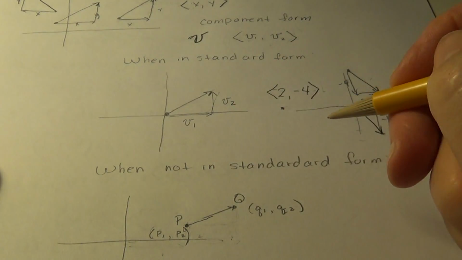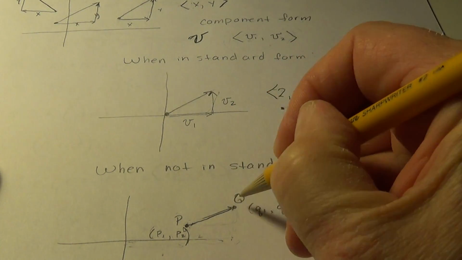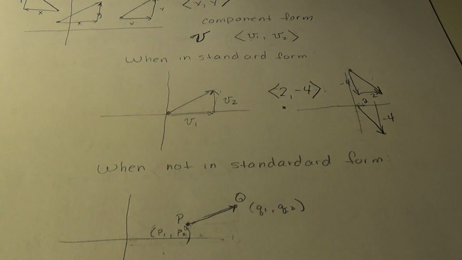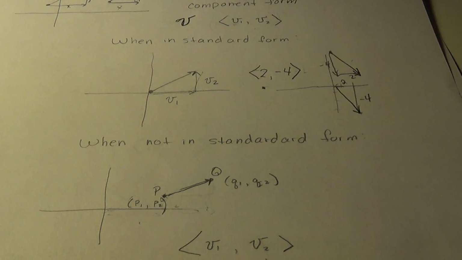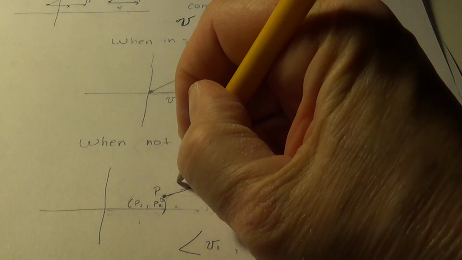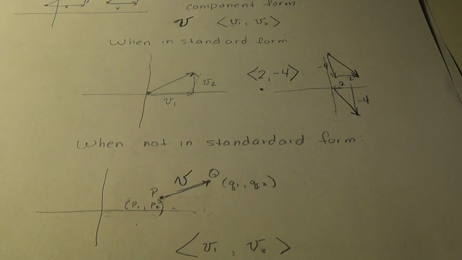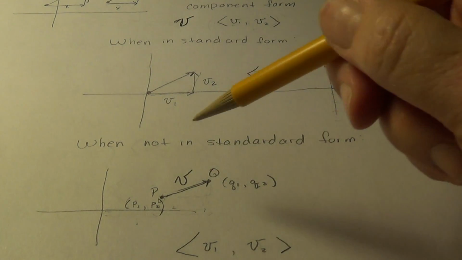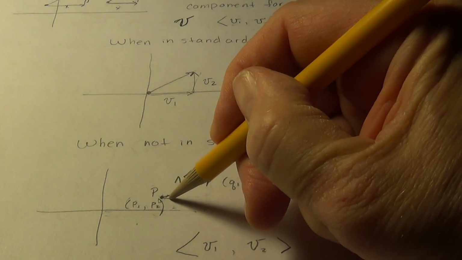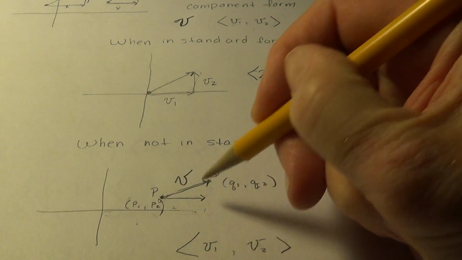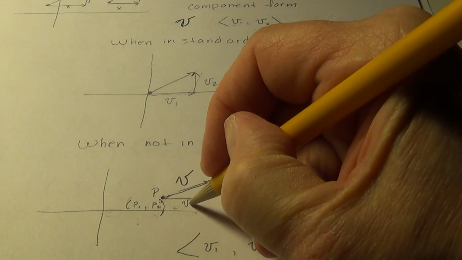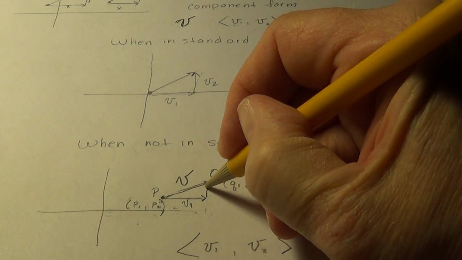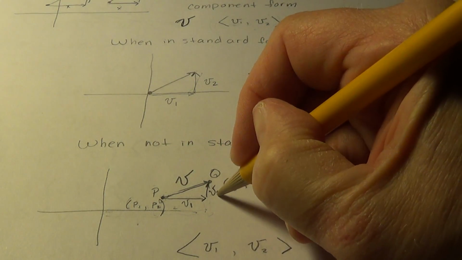All right, so we're going from point P to point Q, and I am going to also call this vector V. So its components are V1, V2. So recall that means the components are this. There's my V1, my X part, and V2 is my Y part.